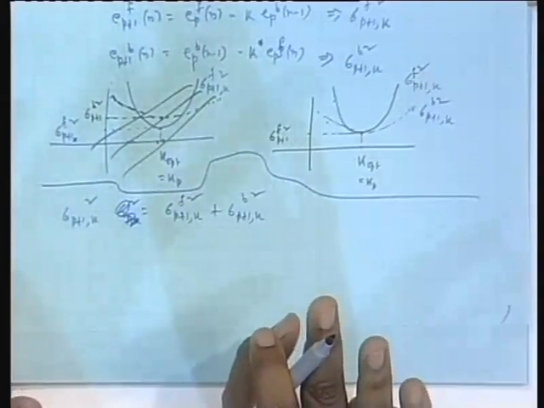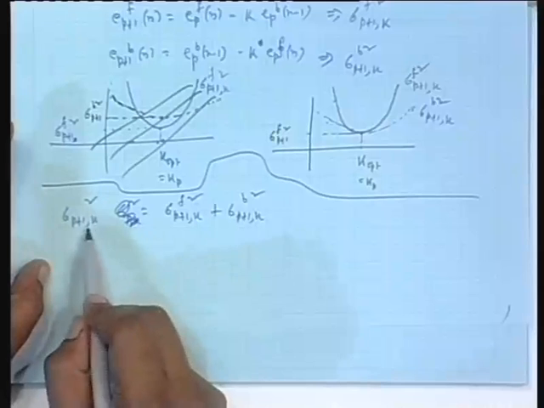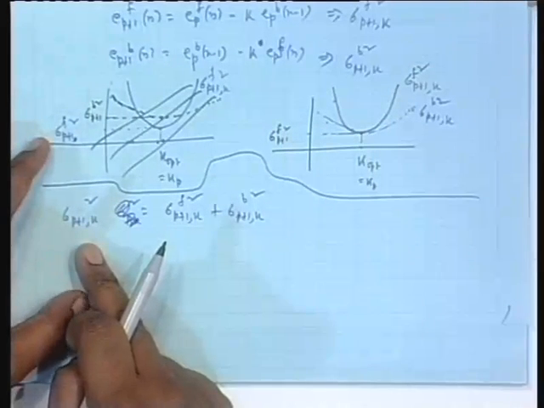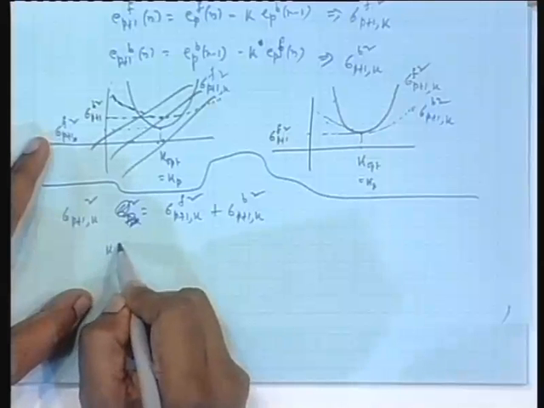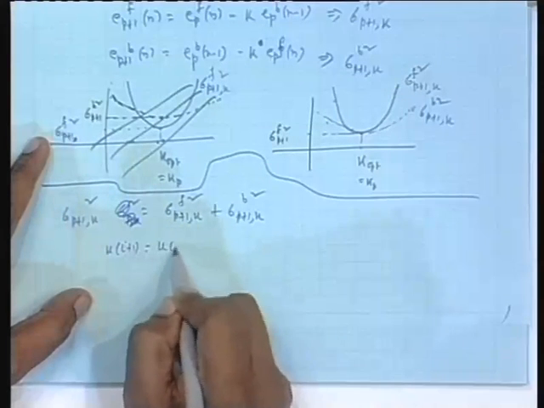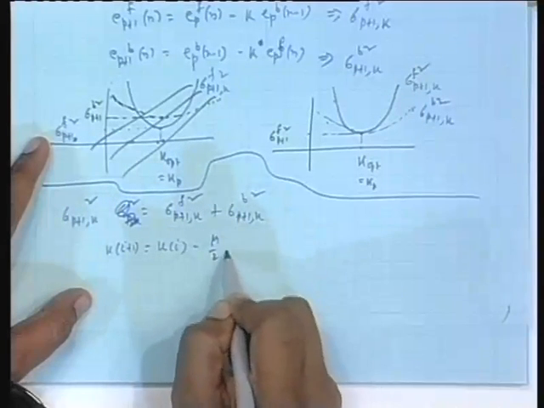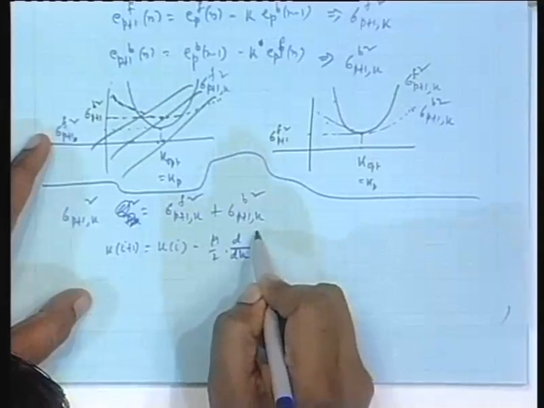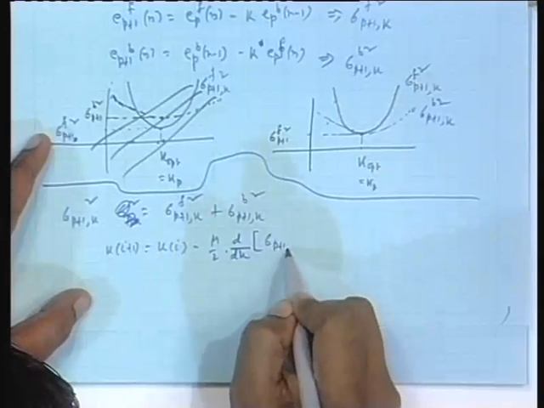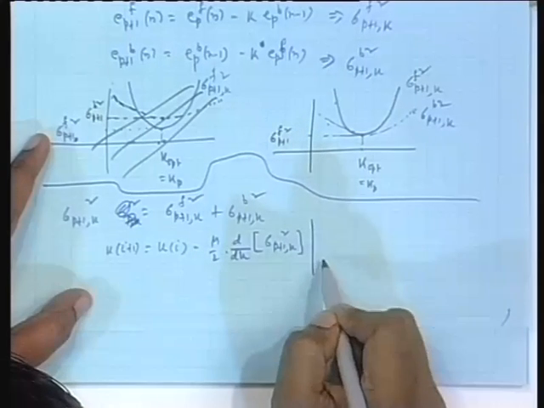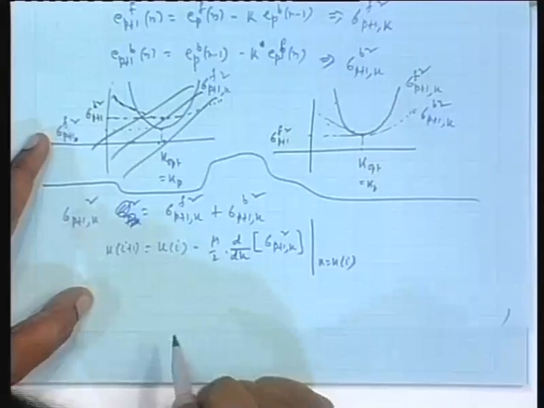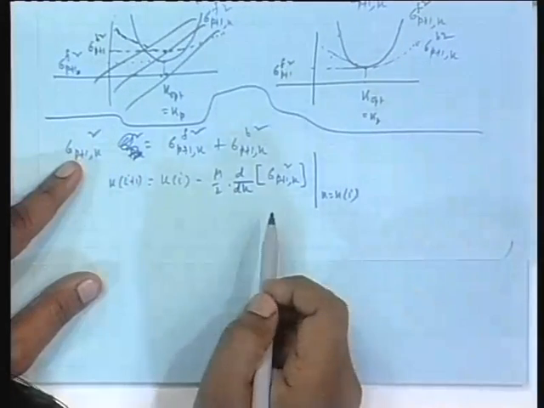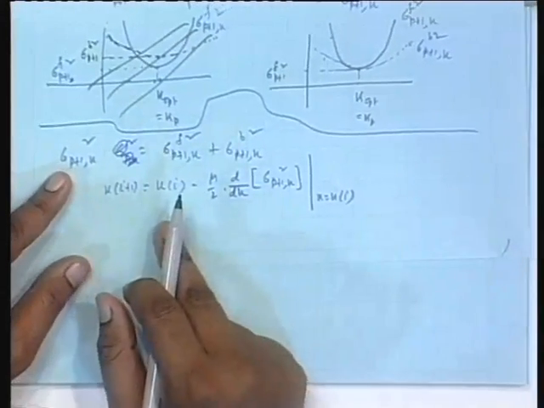This function is also quadratic in k with the same minima, this you minimize. So that means your steepest descent will become k I plus 1 as k I minus mu by 2 into the gradient evaluated at k equal to k I.